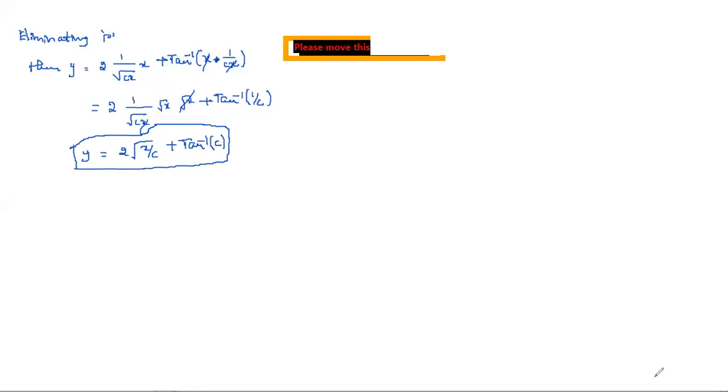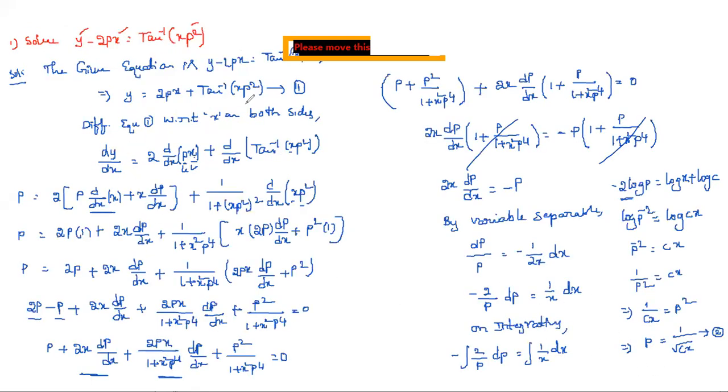Okay, so let us see once what we discussed here. First, we wrote the given differential equation as y is equal to some function in terms of x and p. Next we applied the derivative and simplified it. After simplifying, we got a differential equation, and we required its general solution.